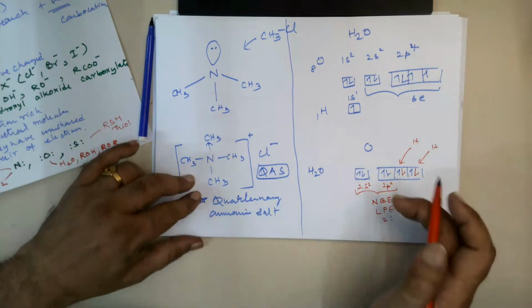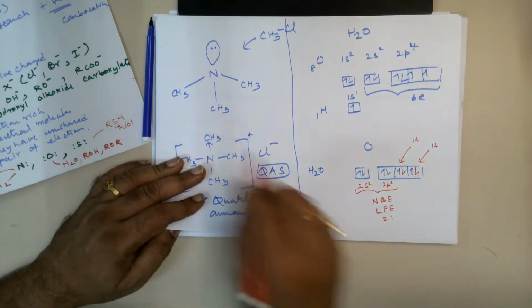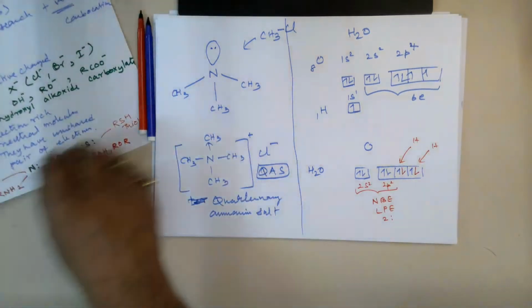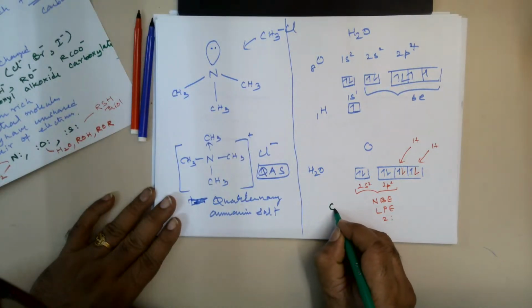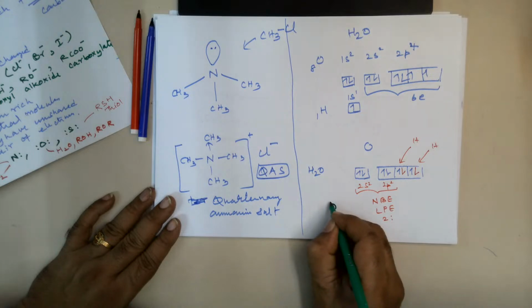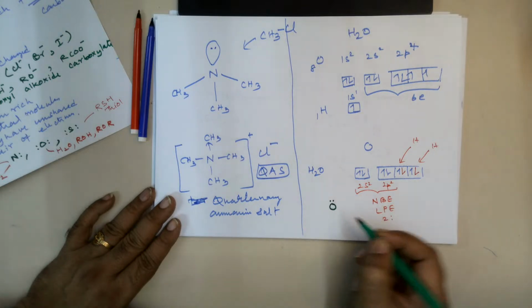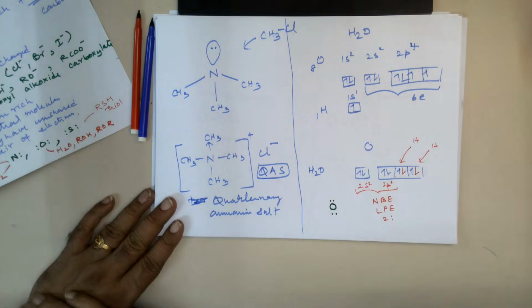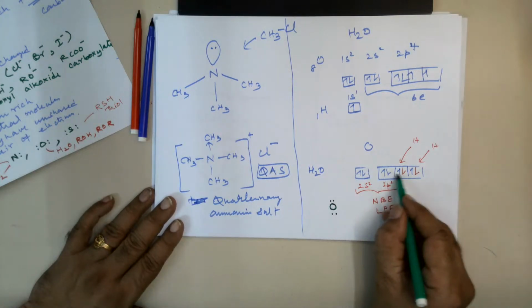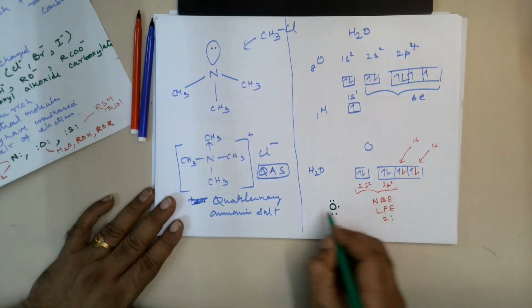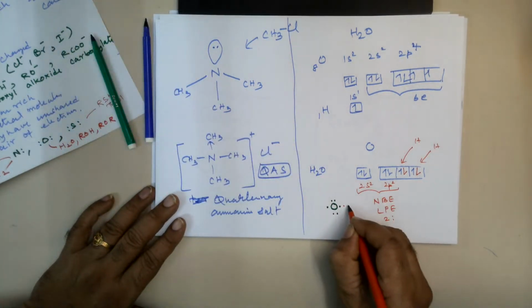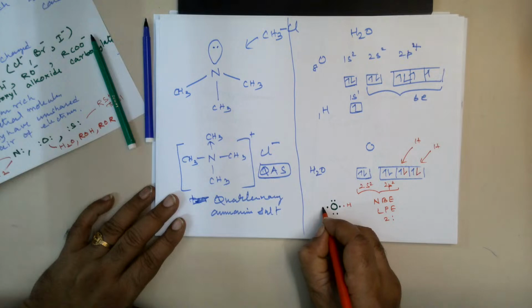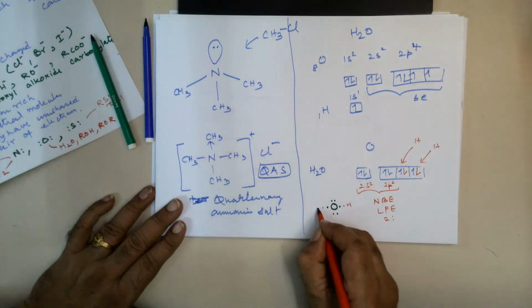So this oxygen, in the case of water, is drawn like this. You have the 2 lone pairs, and you have 1 electron, another electron. Now this is from hydrogen. You can make use of different colors so that you can understand the concept very clearly.